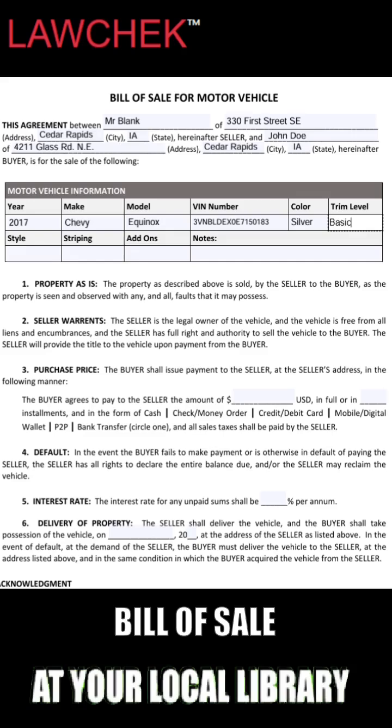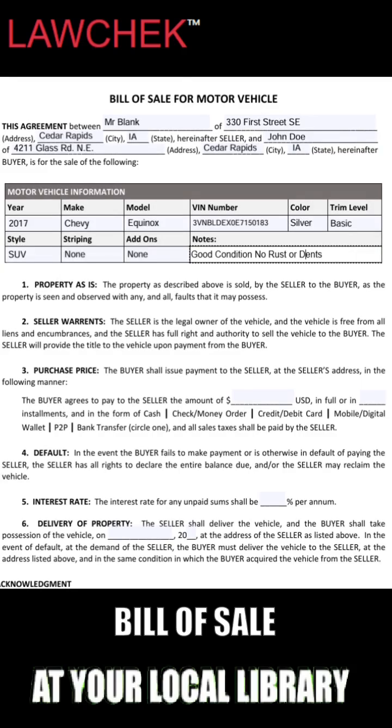The color is silver. The trim level is the package. Now the style, in our case, is an SUV. It doesn't have any striping or any marks on the actual vehicle that would identify it as unique. Any add-ons like a sunroof or a trailer hitch. Finally, some notes on the vehicle. You've now completed the second part of this bill of sale.